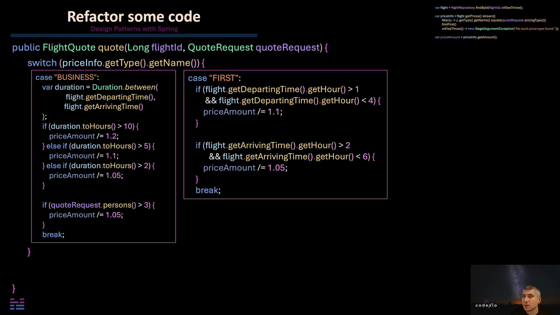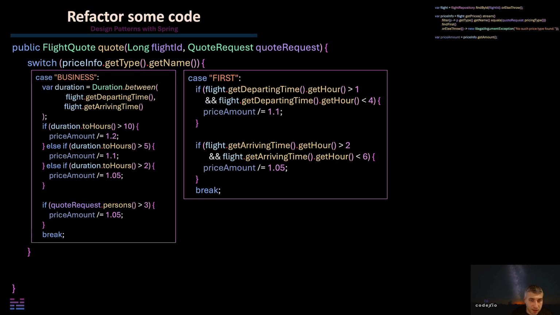The same can apply for the first class instead of the business class, where we have other rules. If it is between the small hours, between 1 or 4 a.m., then maybe you can give people a discount because of the inconvenience that they need to go to the airport at a very inconvenient time.